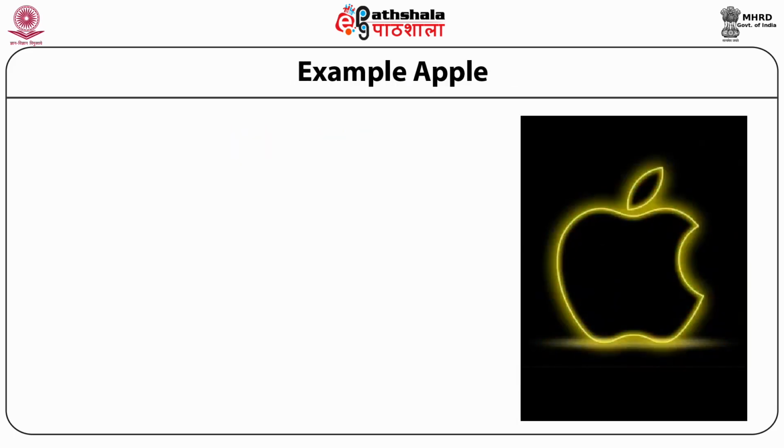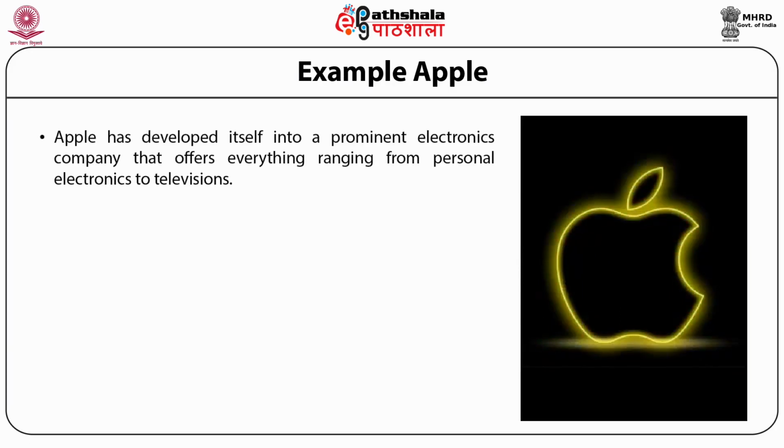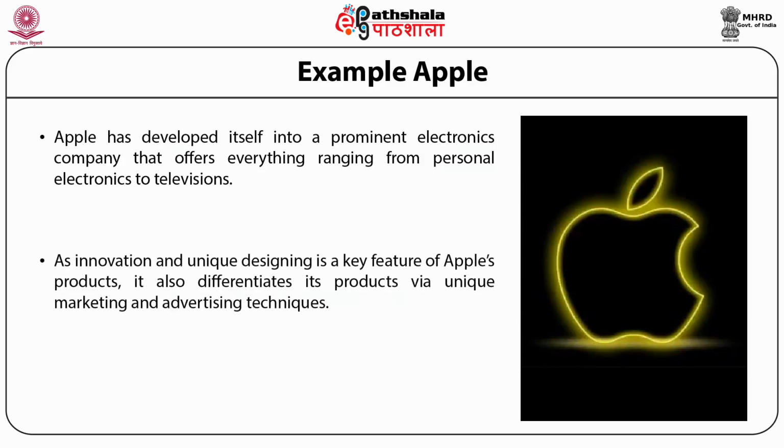This is an excellent example from Apple. Apple has developed itself into a prominent electronics company that offers everything ranging from personal electronics to television. As innovation and unique designing is a key feature of Apple's products, it also differentiates its products via unique marketing and advertising techniques.